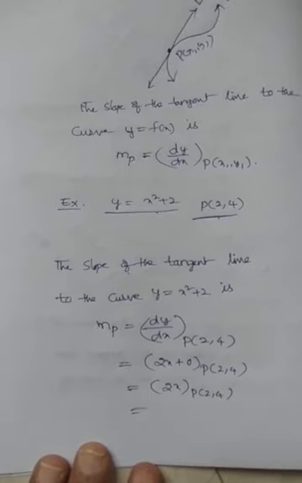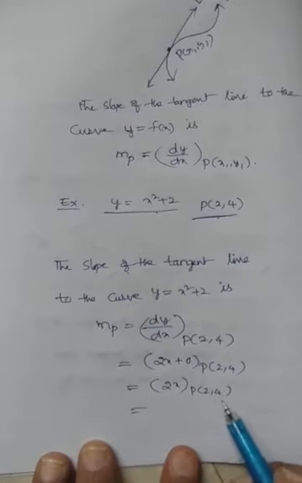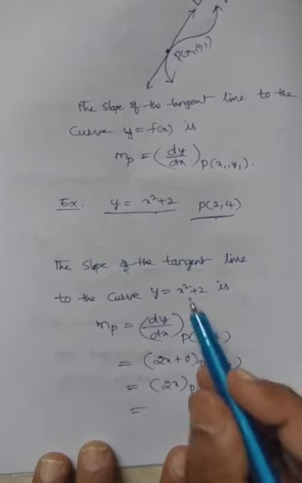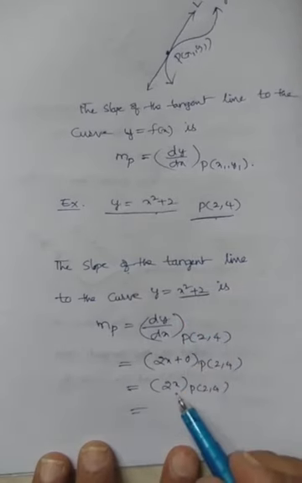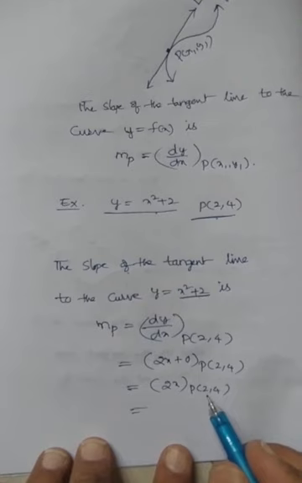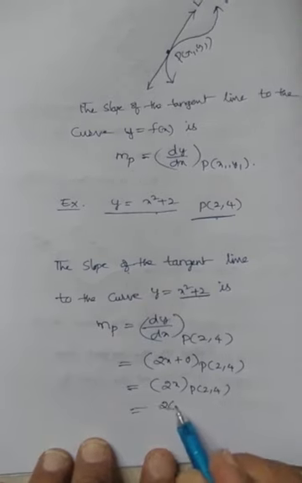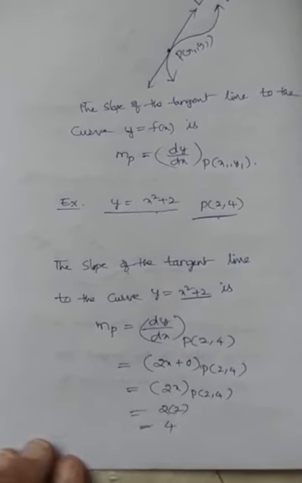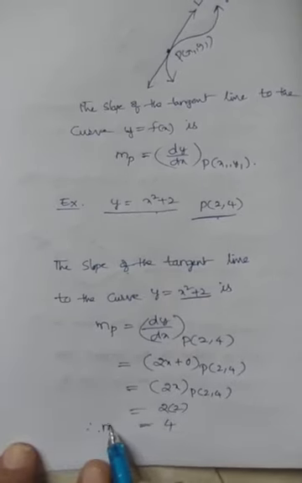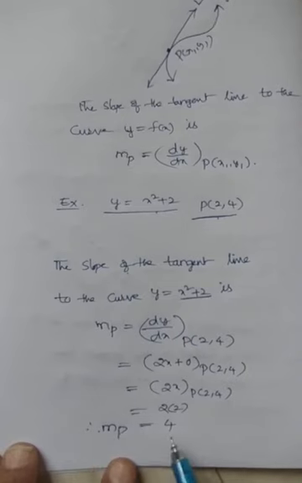Now you have to substitute these values: wherever there is x, put 2, and if there is any y, you can substitute 4. Since it is a function of x, there will be only an x term, so you substitute the x coordinate, which is 2. So 2 into 2 equals 4. Therefore the slope of the tangent line to the given curve at the point P is 4.